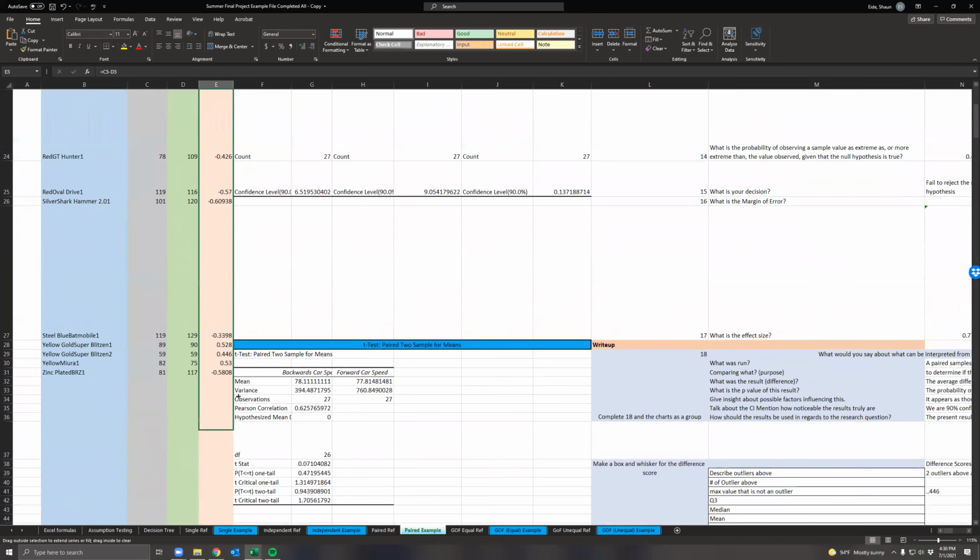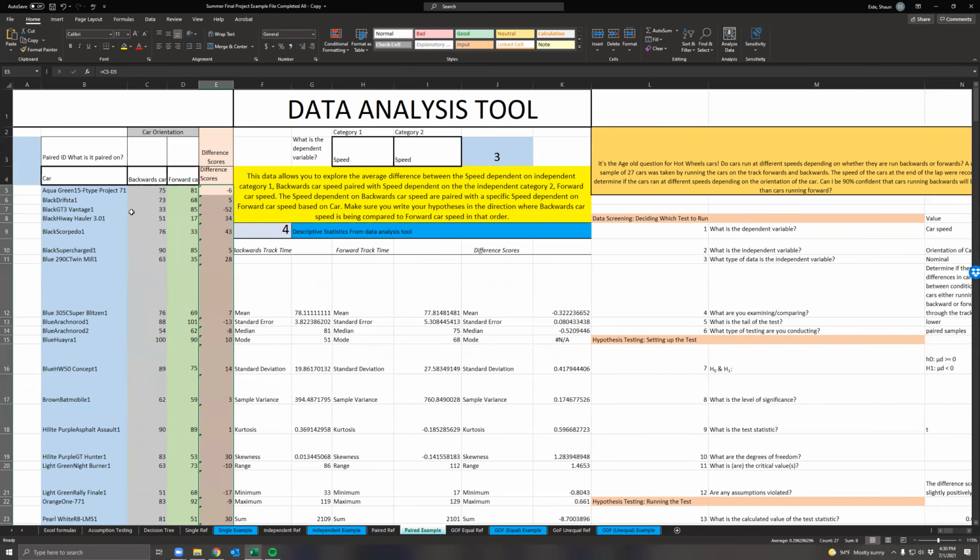And I need to bring these all the way down. I think I just forgot to redo that. But anyway, so it has a difference of 6 miles per hour slower. This one, Black Drifta 1, this is going forward, it was 5 miles an hour faster.